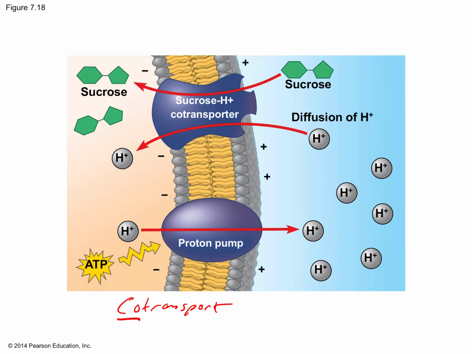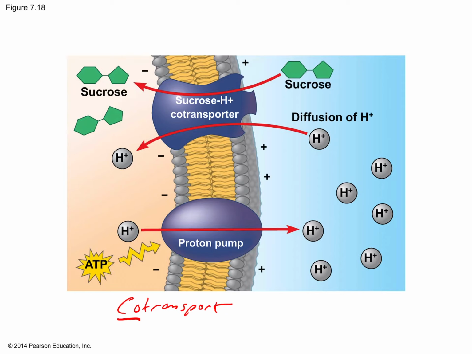Okay, so this is what plants use cotransport for. Remember, plants have built this proton concentration gradient. They built this electrochemical gradient using the proton pump, and as I said, it represents stored potential energy that can be used to do work. All right, so the plant wants to pull sucrose in, but that's going to be a case, you would think, of active transport because it's moving it from low concentration to high.